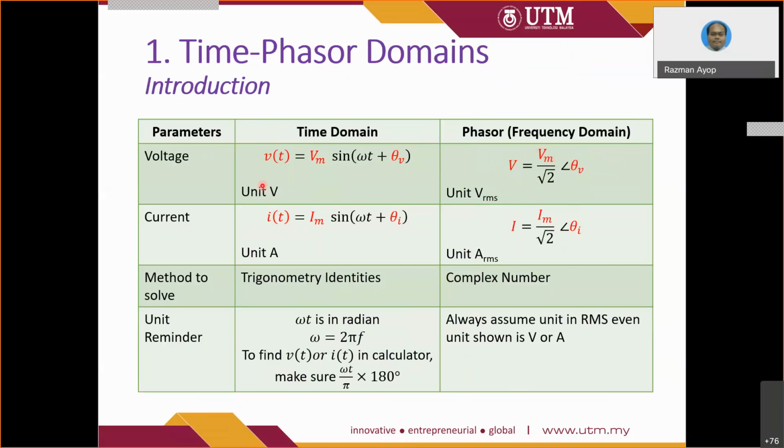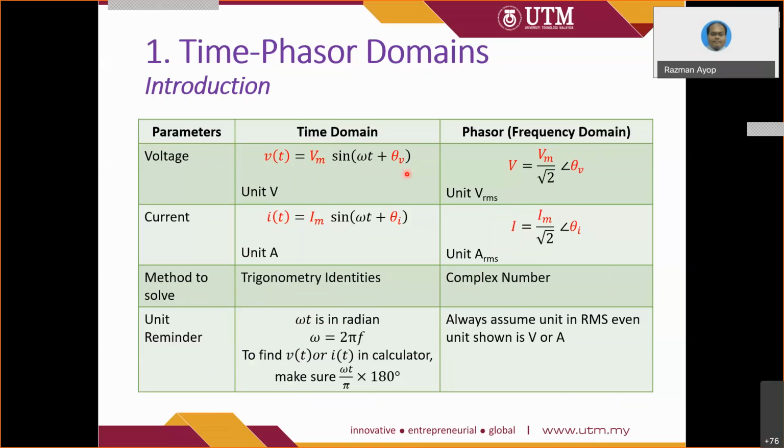In time domain, make sure you use a small letter v or i for voltage and current, and don't forget the t. You also use Vm, meaning maximum voltage, the peak voltage. If you see the sinusoidal wave, you take the top value. Then sine wt, where w is angular frequency, and lastly the angle, the phase shift.